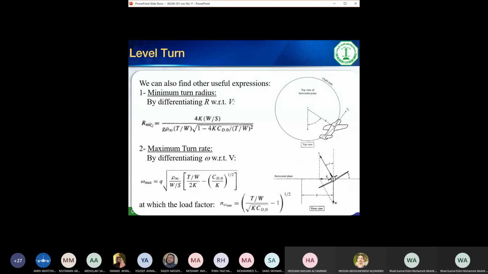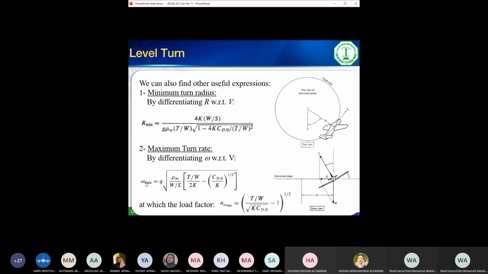Now, we already had an expression for the radius of turn and the angular velocity. And just like any expression, I can find the maximum or the minimum value by finding the derivative, because it's just a function. So if I take the expression for R and differentiate it with respect to the speed, I can find when the radius is going to be minimum, because that's a good thing.